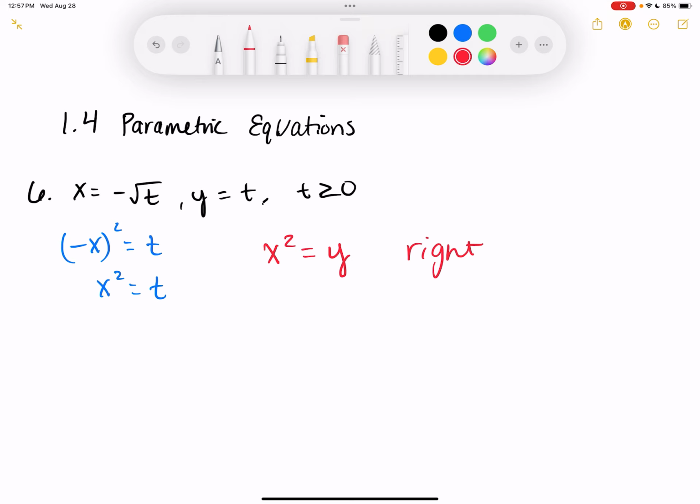Now, if we rewrote this as x equals the negative square root of y, oh, because t is greater than 0. So thus it has to be on the right side.